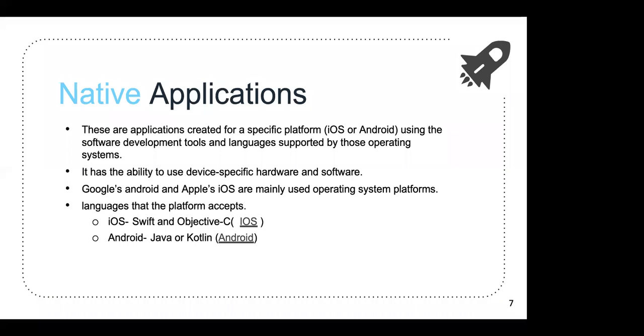As I mentioned, for iOS the native languages are Swift and Objective-C, so we use Objective-C and Swift to write iOS applications. And when it comes to Android, we use Java or Kotlin as the programming language to write code for these Android applications. So this is the basic idea about native applications.